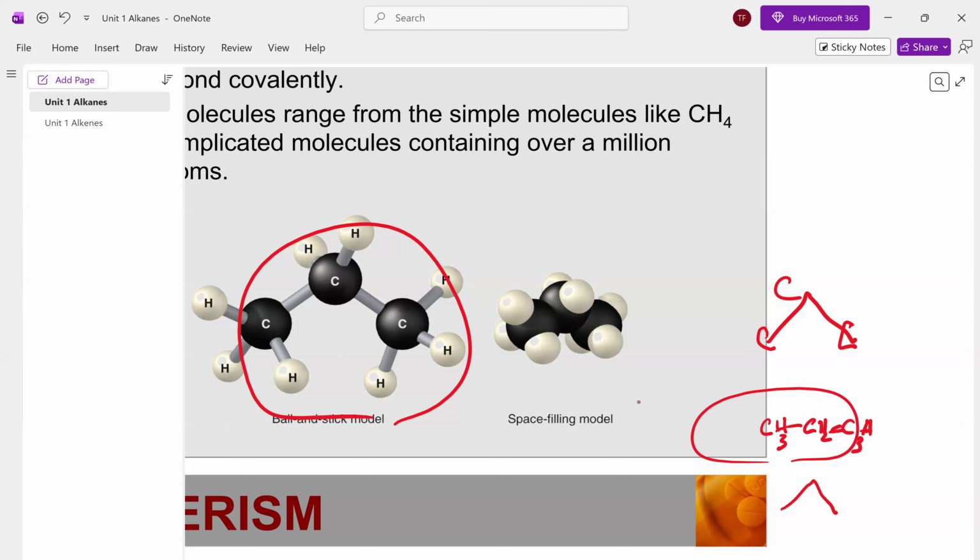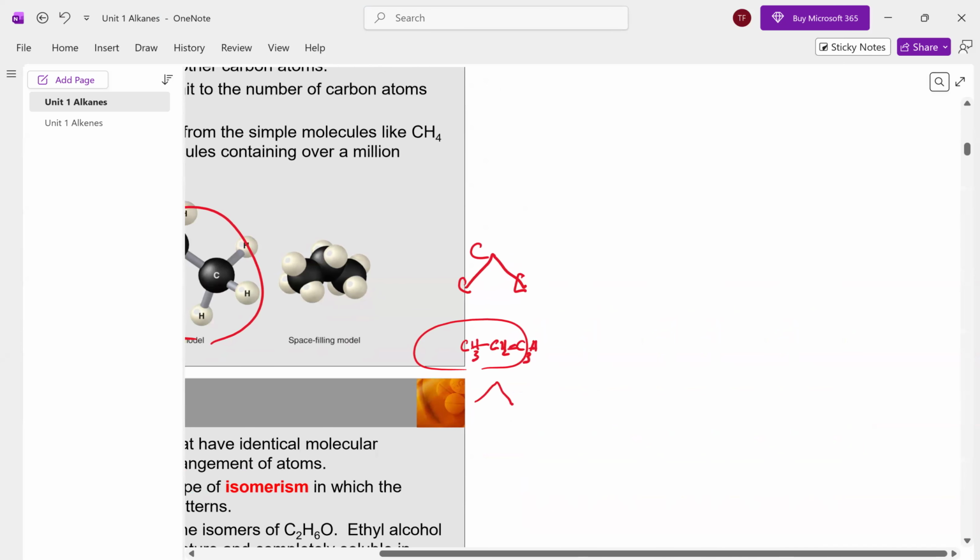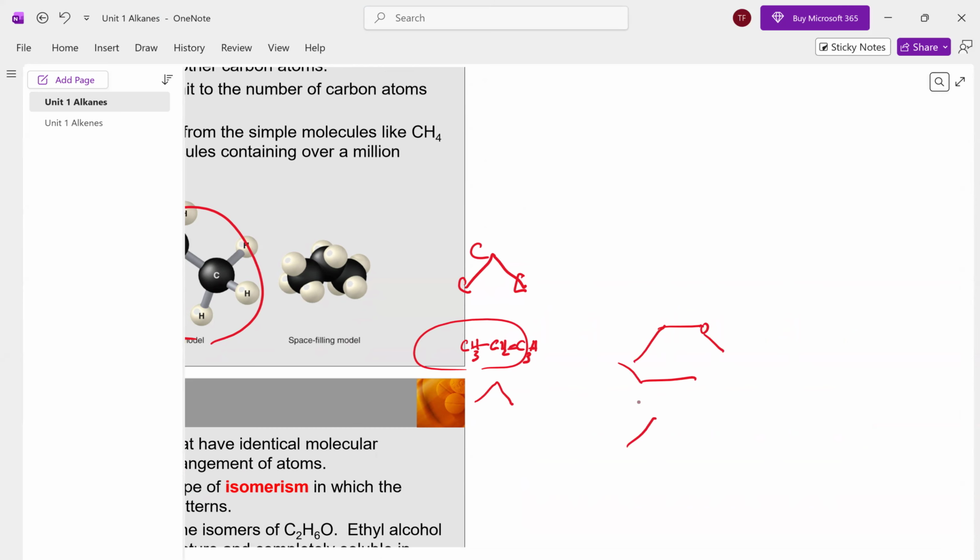Now, we're going to be covering in Unit 2 carbohydrates. Carbohydrates, this is glucose I'm drawing.